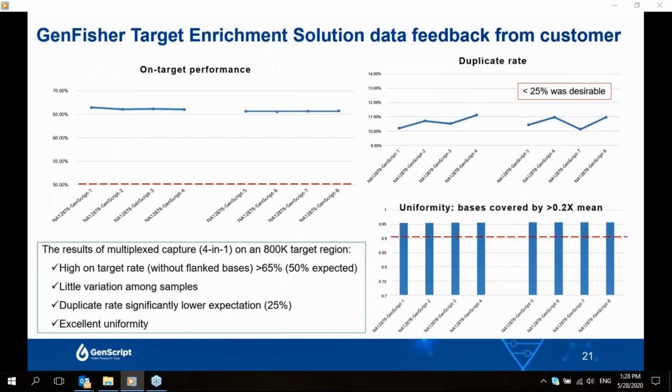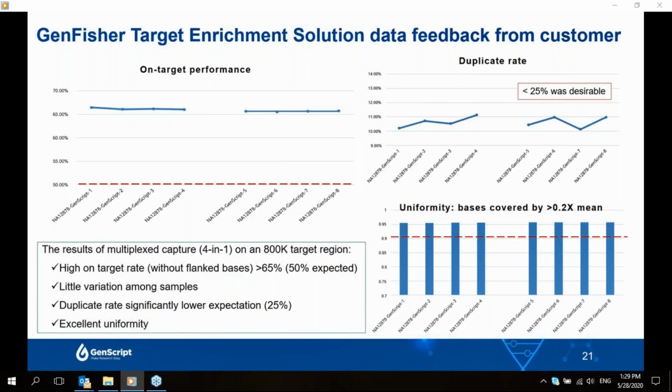Now I would like to show you some data collected by one of our early customers. This customer wanted to test our capture probes to benchmark against the solution they had been using. They were experienced users and they had expectations when they reached out to us. It is against the same 800 kb region I just mentioned, and the customer performed multiplex capture, where they mixed indexed NGS libraries prior to carrying out the hybrid capture experiment.